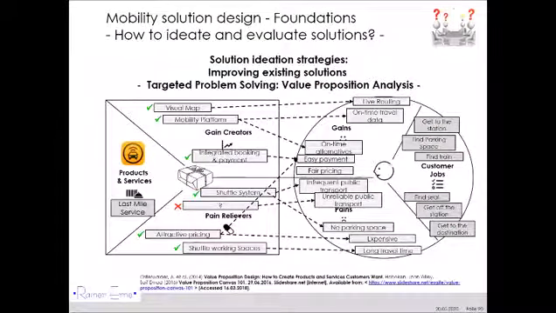One solution ideation method for doing this could be the value proposition analysis. If you have modeled the stakeholder gains and pains and the customer jobs in the prior phase, when you understood the stakeholders, you might have experienced the customer jobs that a user has to get to the station by car, that he has to find a parking space, which is hard in the rush hour.